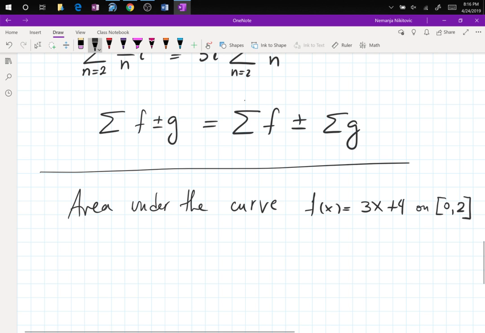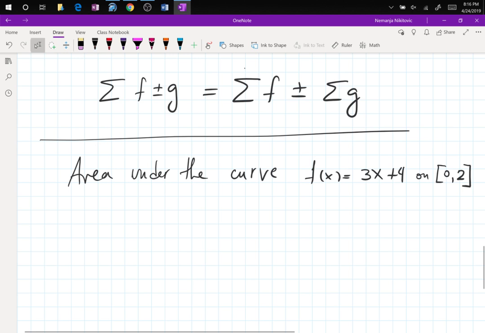That's it. Let's go. Area under the curve 3x plus 4 on 0 to 2. Well, what's my delta x? My delta x is b minus a divided by n. It's 2 over n.